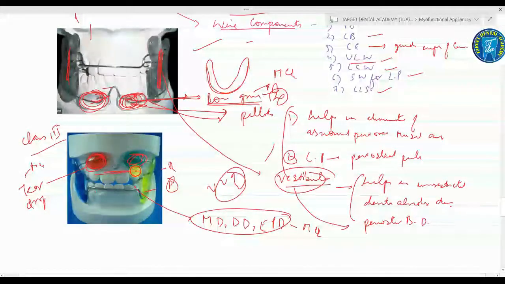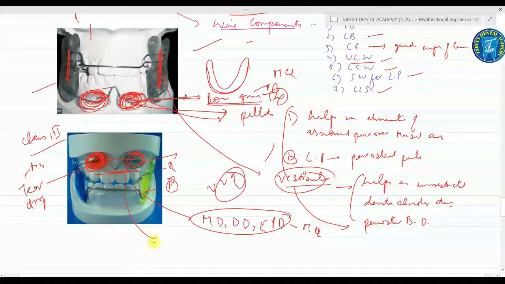Now there is retrusion in the maxilla, so your lip pads are present in the maxillary arch. And in the class 2 or FR2, your mandible was retrognathic. In that case, you use the lip pads in the lower arch or the mandibular arch, while in class 3 there is a retrognathic maxilla, so in that case you use the lip pads in the upper arch.